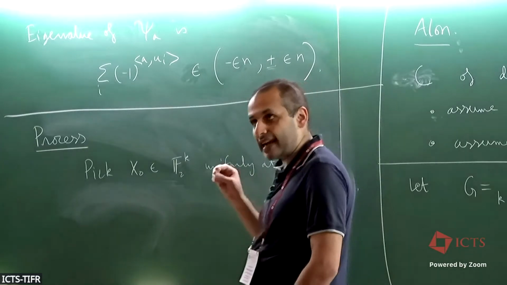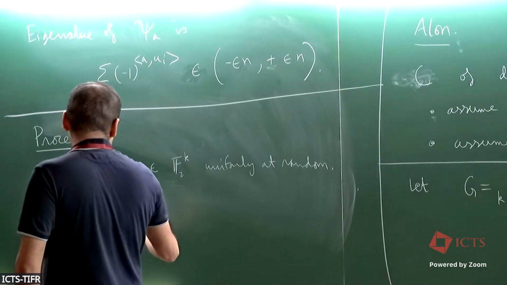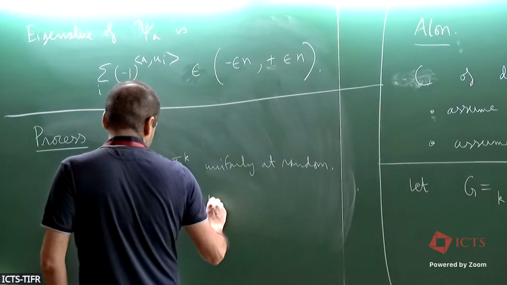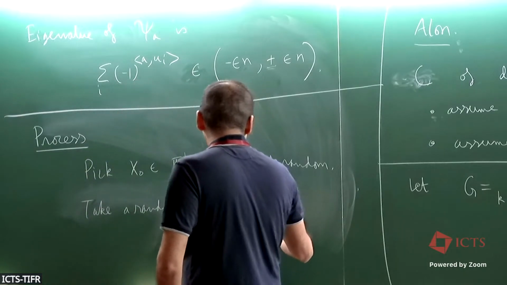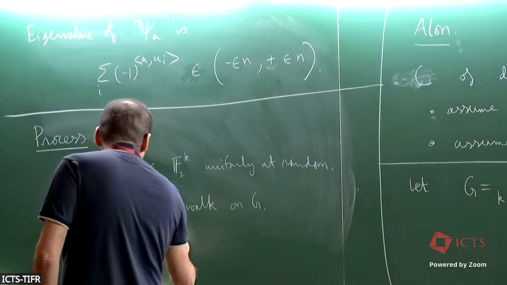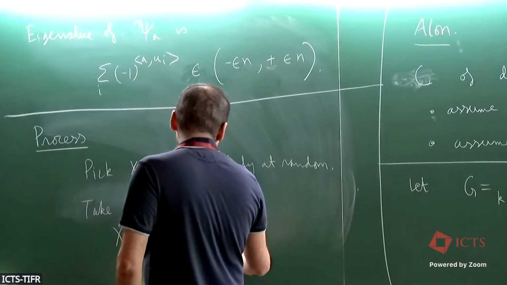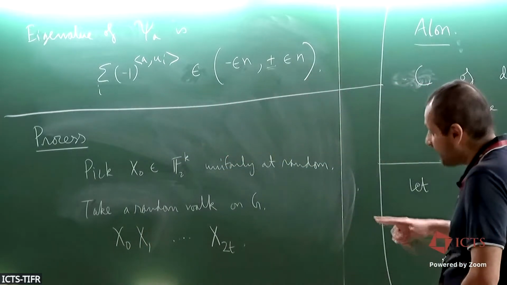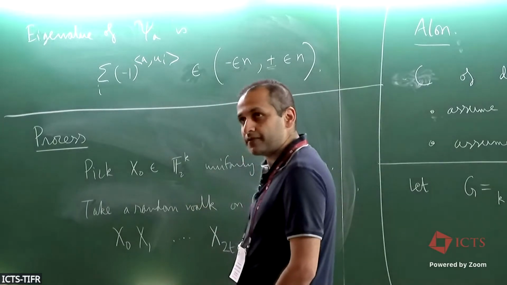And then take a random walk on the graph G: x0, x1, all the way up to x2t. Some even number of steps. There's some reason for that. We will take a random walk on this graph.